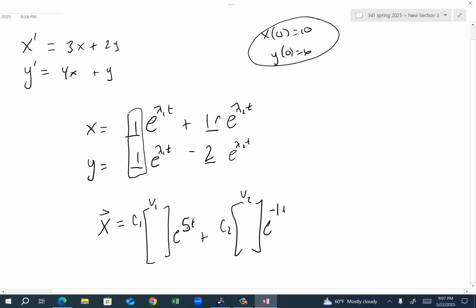But check it out. There's going to be a C2, a C2, a C1, and a C1 that we're going to be solving for. 1, 1. 1, -2.